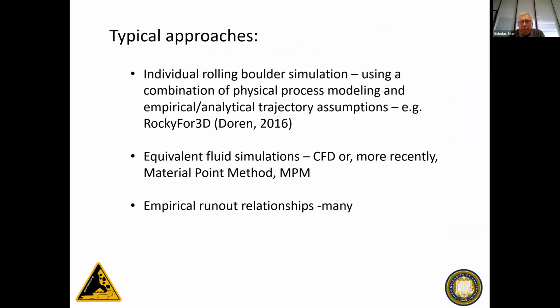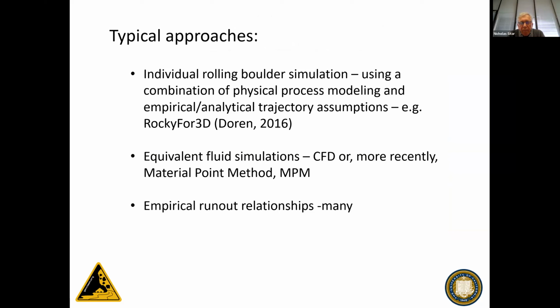And so, you know, people have done a lot of these. You can do individual rolling boulder simulations using a combination of physical process modeling and then empirical analytical trajectory assumptions. And there are many of them. I'm just using one example, the Rocky 4 3D. I already mentioned equivalent fluid simulations, computational fluid dynamics. More recently, people have used material point method, but it's an equivalent fluid.